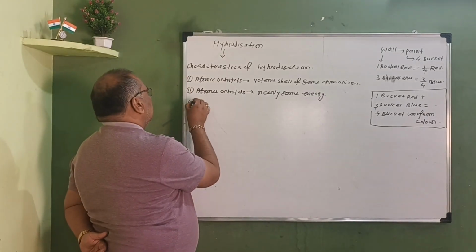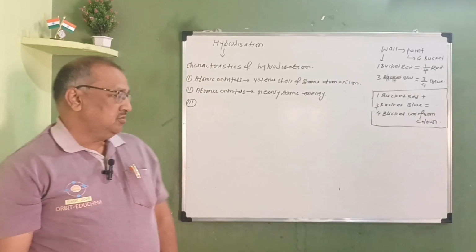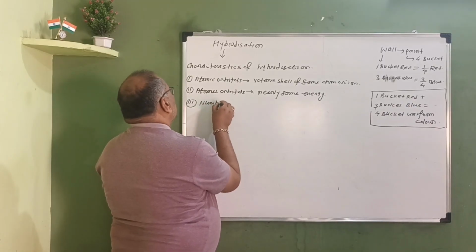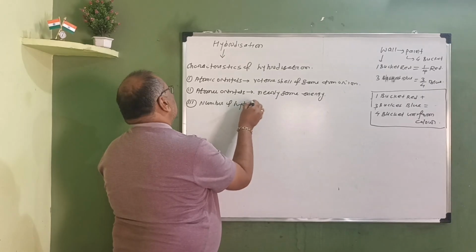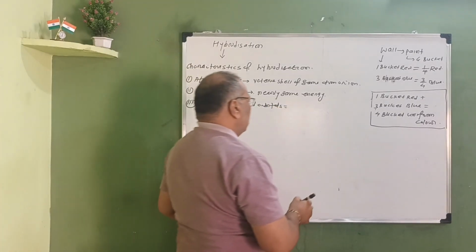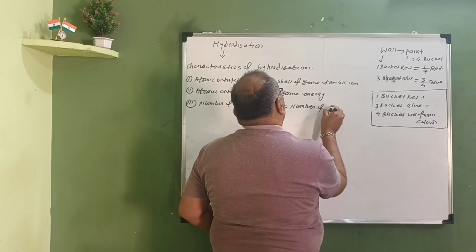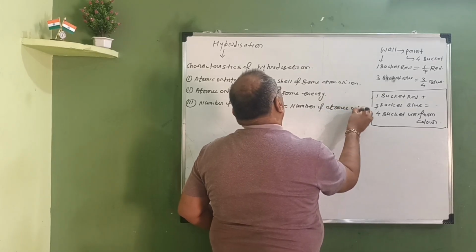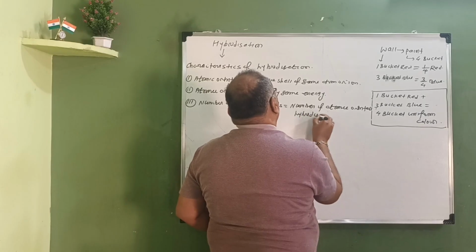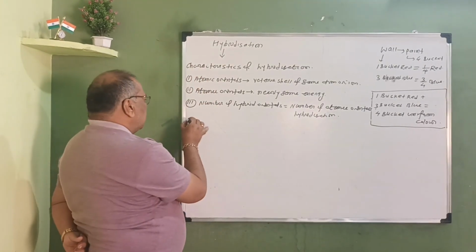Third, the number of hybrid orbitals formed is equal to the number of atomic orbitals involved in the process of hybridization.